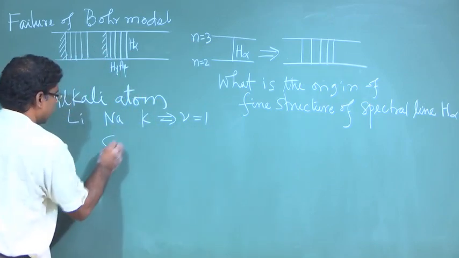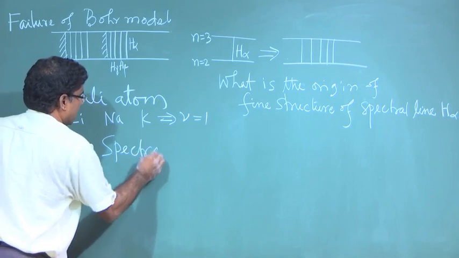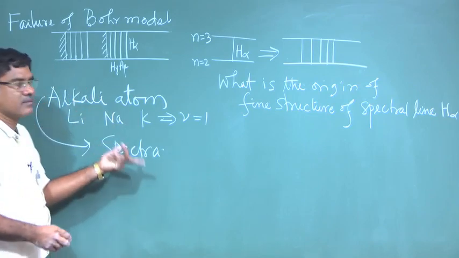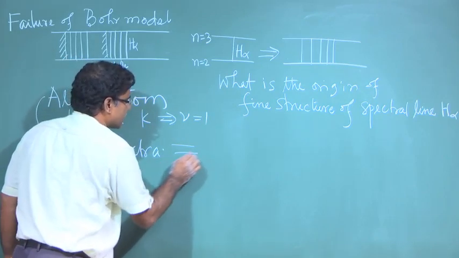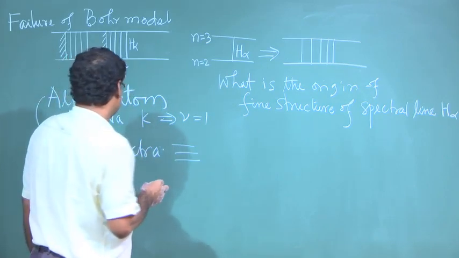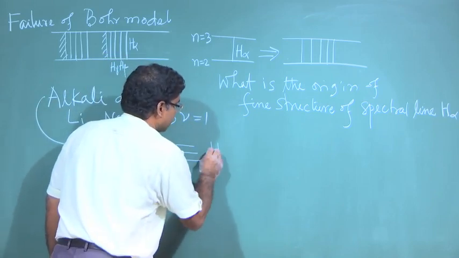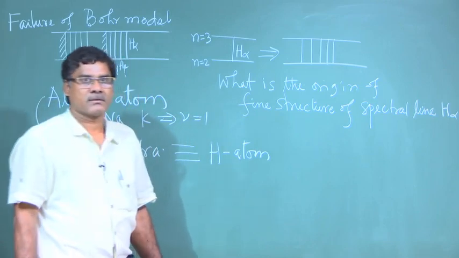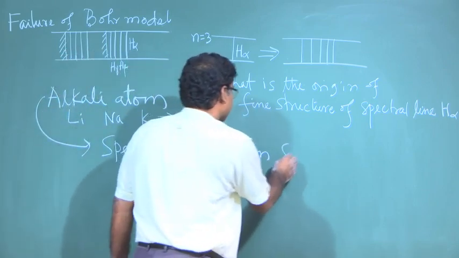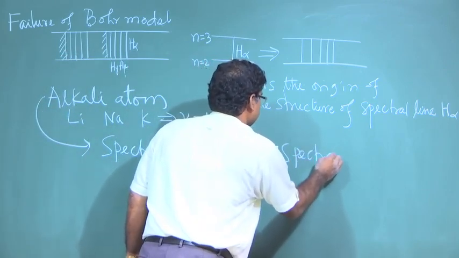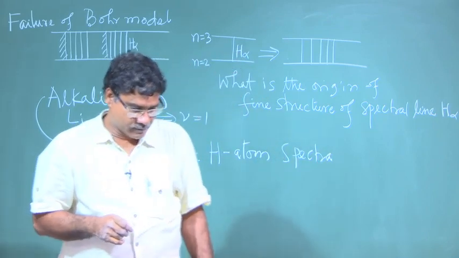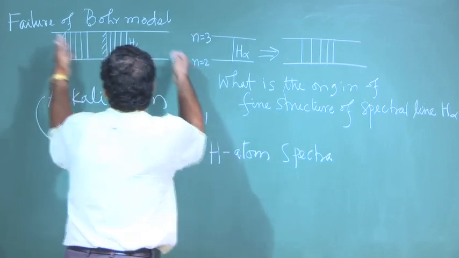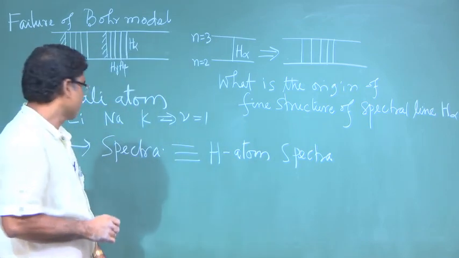The spectra of alkali atoms is quite similar to the hydrogen atom spectra, of course. Means this hydrogen spectra shows defined series.